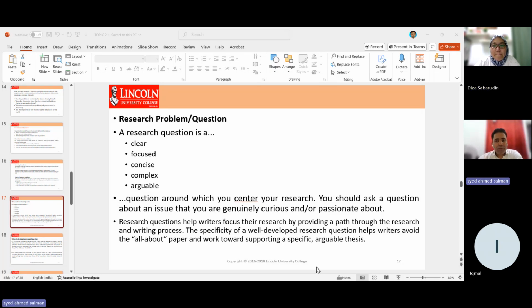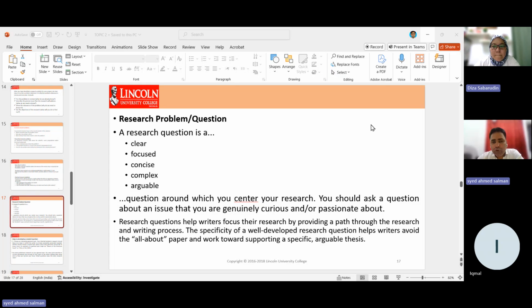Okay. Now we will move to the next section that is called research questions. So we are developing the research questions through the problem statement. Now we will understand how to develop the research questions. Research question.